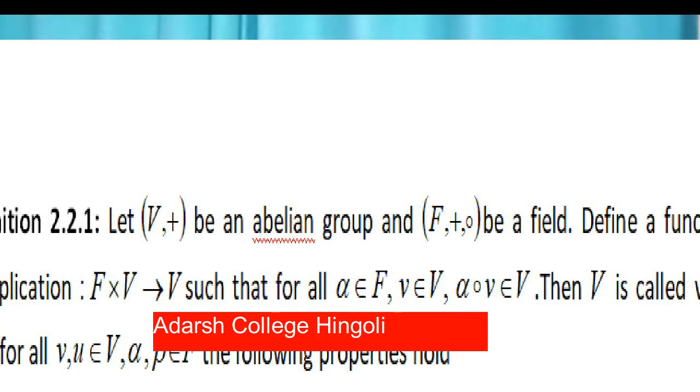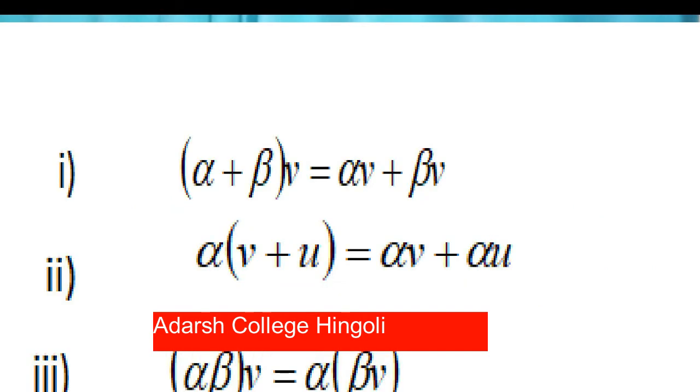If alpha belongs to F and small v belongs to capital V, their product alpha circle v, we pronounce it as alpha into v or multiplication, but it is not the usual multiplication. So alpha v belongs to V. If this binary operation or function satisfies these four properties on your screen, it is called a vector space.